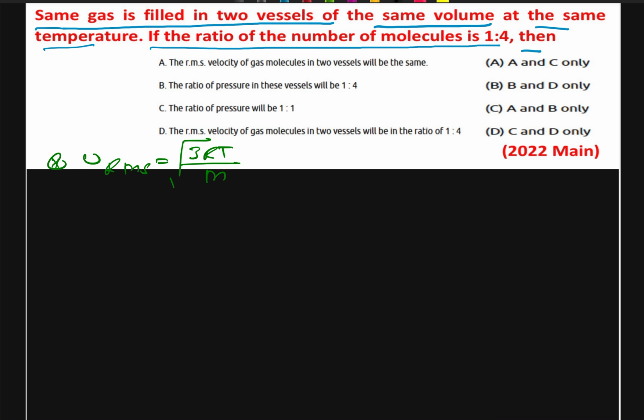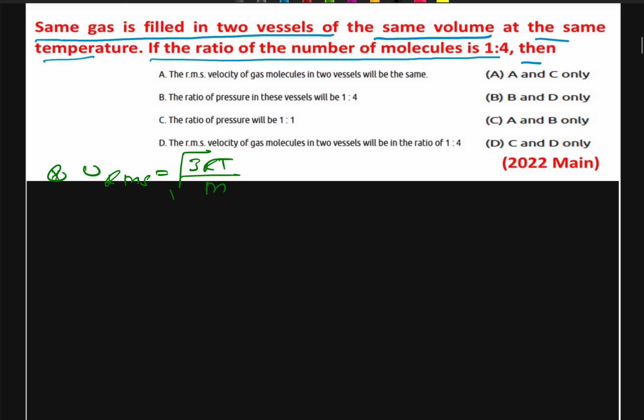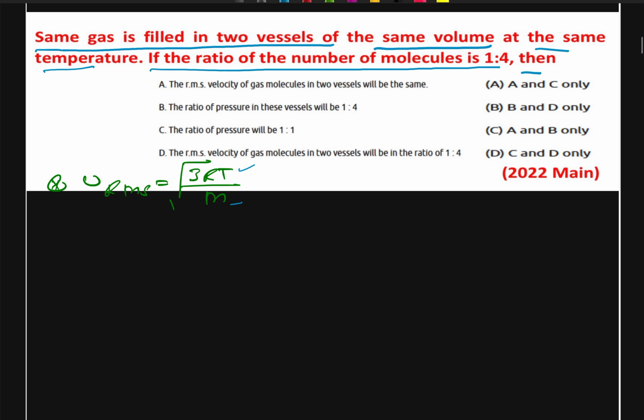And here this RMS is dependent upon, R is our constant, so it is only dependent upon our T and M. But in the question it is given that it is the same gas, so the M will be same for both, and it is having same temperature, so therefore temperature will also be same. So therefore we can say that our RMS velocity for both gases will be same. So option A is correct.